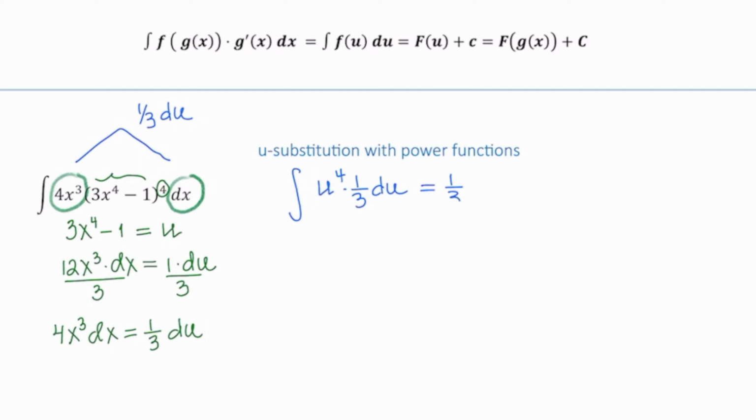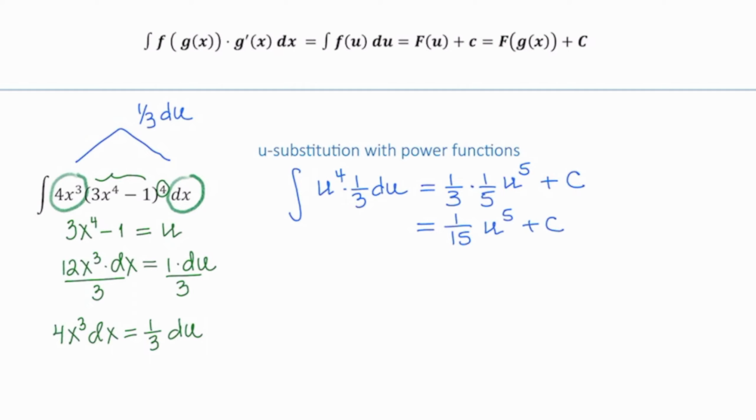So how do we compute this? This becomes 1/3 times u. We raise the power by 1, so that's 5. And then also divide by that power. And then don't forget our constant. All right, so what is this? This becomes 1/15 u to the fifth plus c.